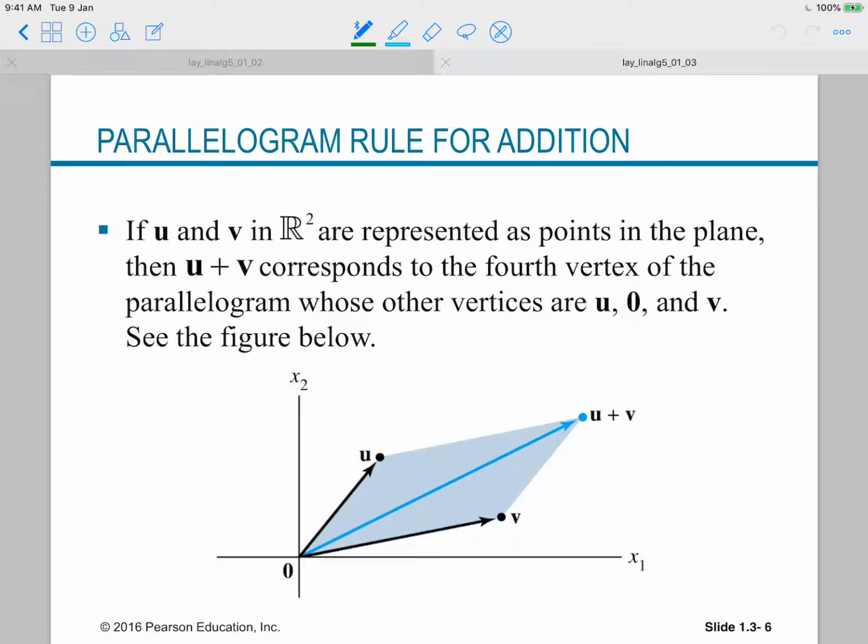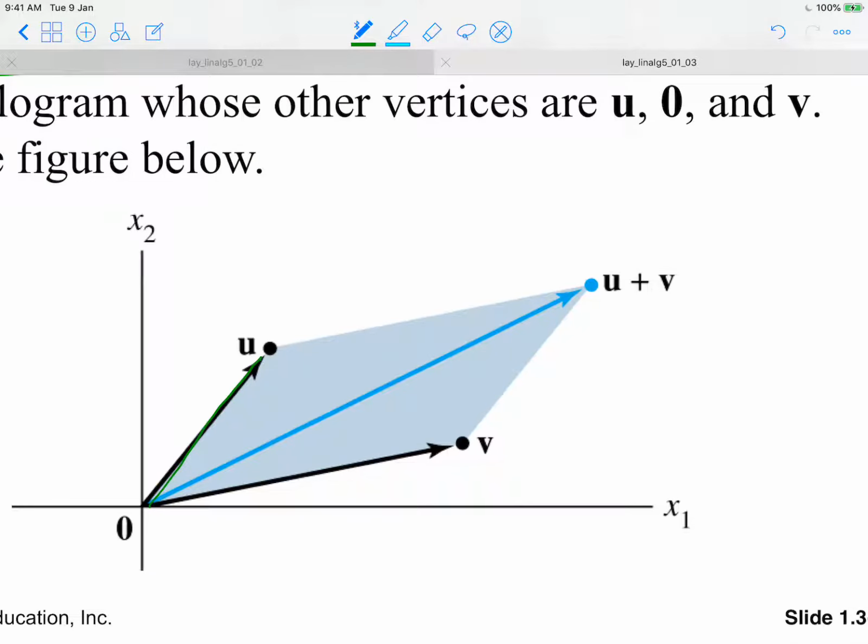Okay, so in the case of vector addition, we know that the vector addition of these two will correspond to this point. And how do we obtain this point? We first draw this parallelogram, right? You know that these two lines, those two lines are parallel, having the same direction and the same length of the vector, right?